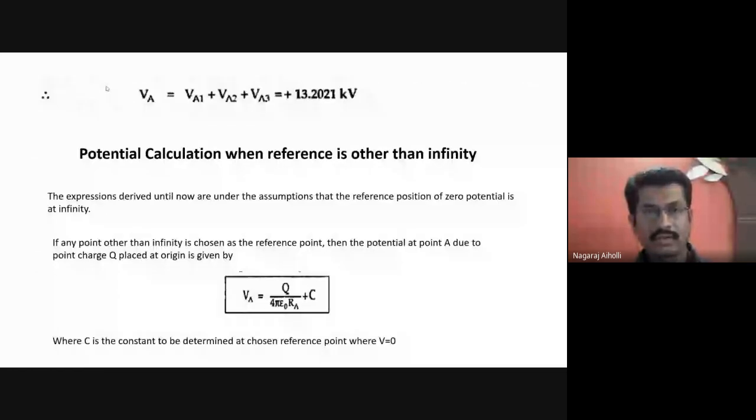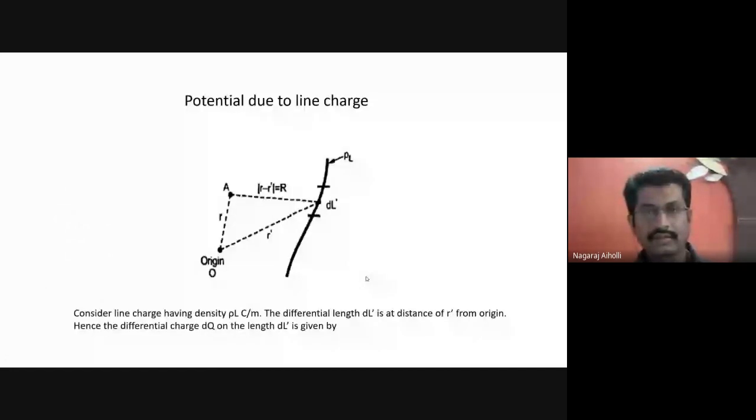Then later we moved on to potential calculation when reference is other than infinity, and we have written the equation there that VA is equal to Q by 4 pi epsilon naught RA plus C. This is the equation for calculation of potential if the reference is not at infinity. Then we have solved one example on potential calculation where the reference is not at infinity. Then we'll look into the other topics in the next session.